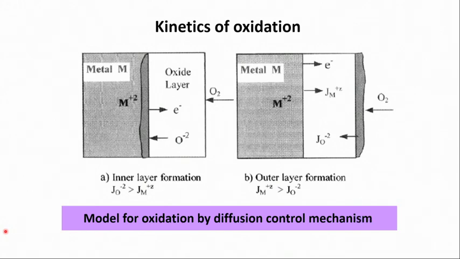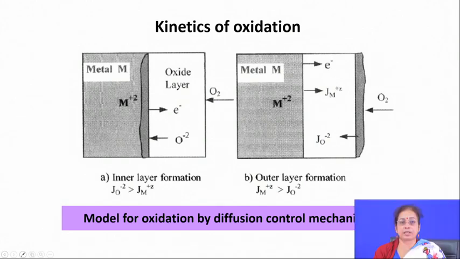Now, this is the kinetics of the oxidation. As I mentioned, initially when there is full coverage of the surface with the oxide, usually the oxidation process proceeds by counter ionic diffusion. So, there may be diffusion of metallic ion through the oxide scale at the surface, and then reaction at the surface and formation of the oxide film, or otherwise oxygen may migrate through the oxide layer deep inside the metal.